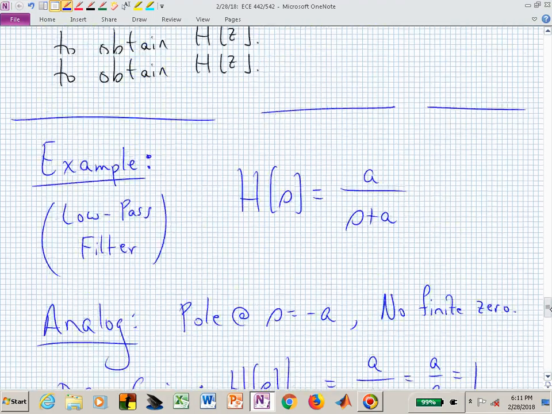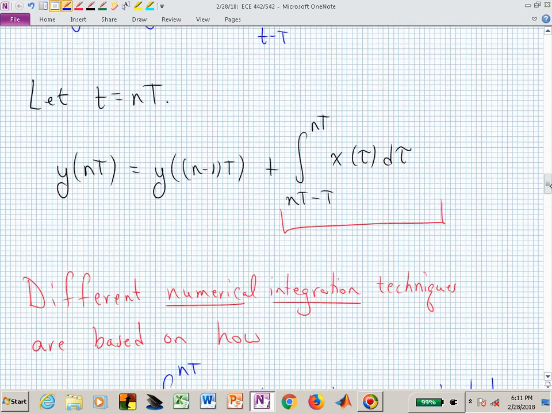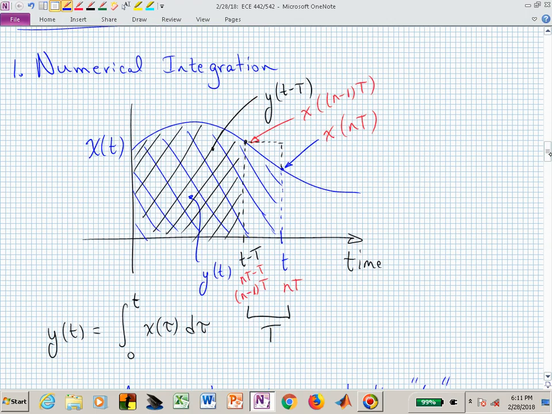So if we went back to our original picture, now we would be saying, what we want to do now is approximate this area with a hat determined by that red curve. And you can see it's an approximation. Depending on how x of t is moving around, we are obviously approximating that curve. But if x of t was fairly flat, or if T is not picked very big, that approximation is going to be pretty good.